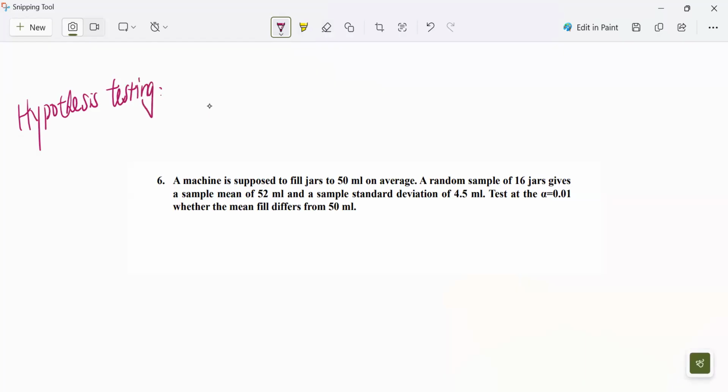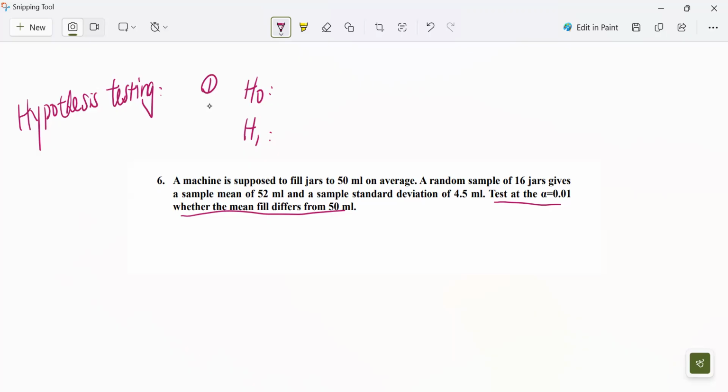So for typical hypothesis testing, step one, we need to figure out the null hypothesis and alternative hypothesis. It's key, based on the claim or the test we try to perform. So the hypothesis here is a test at alpha equals 0.01, whether the mean amount of time it takes to fill the jar differs from 50 milliliter.